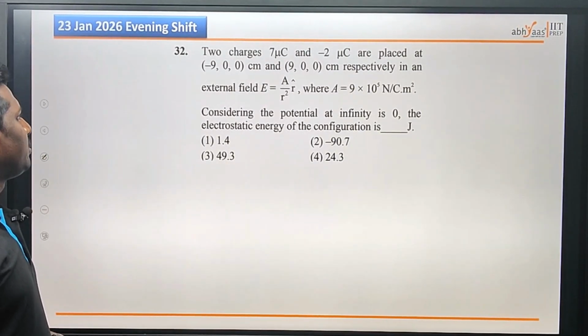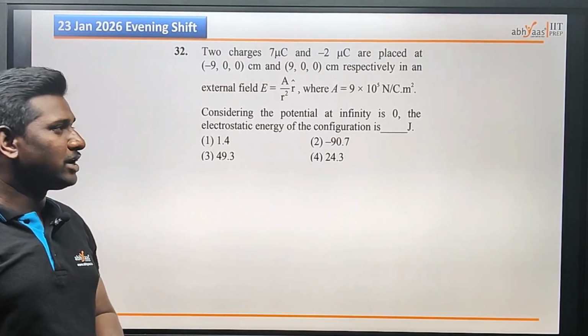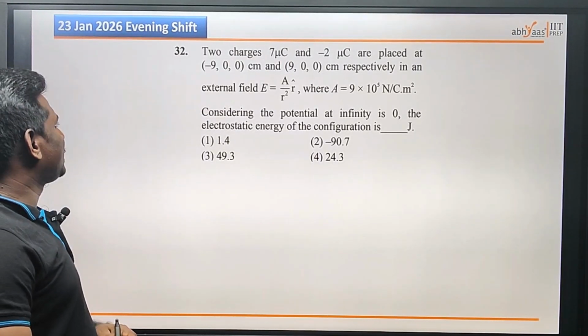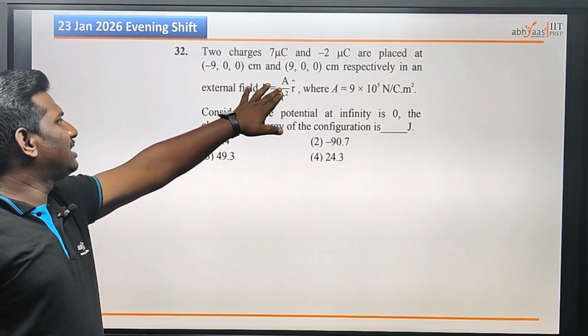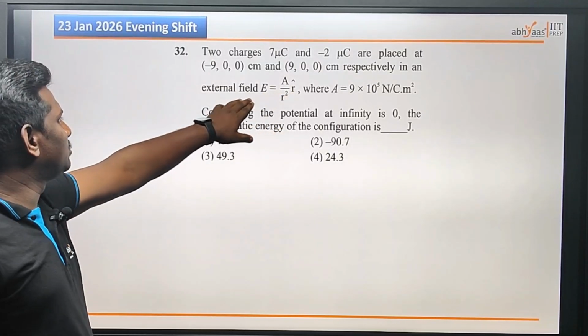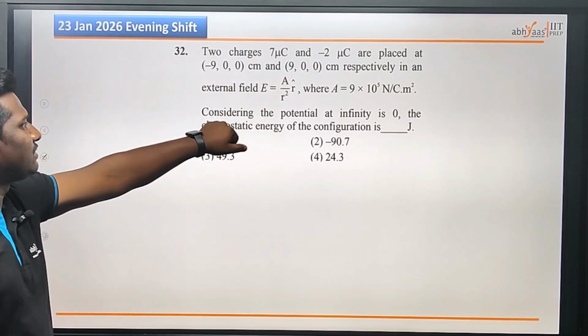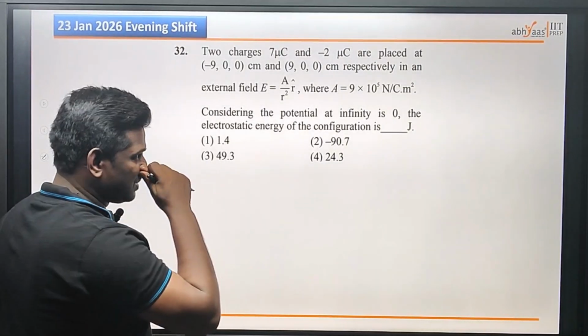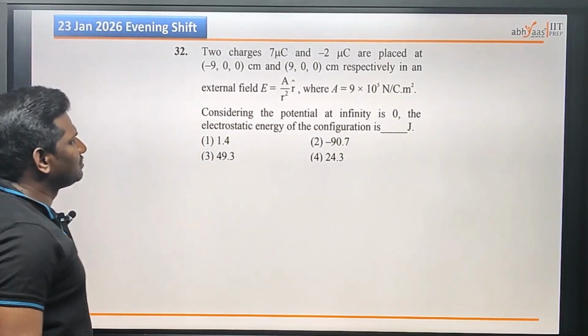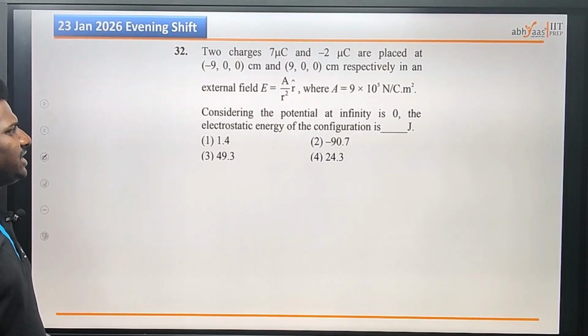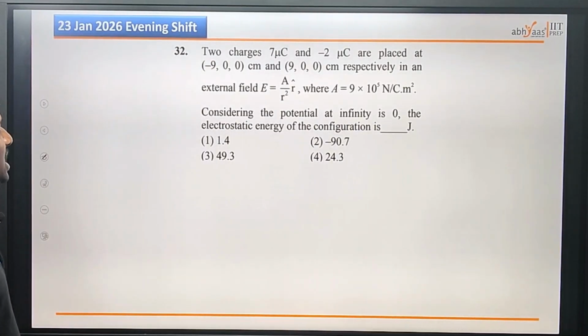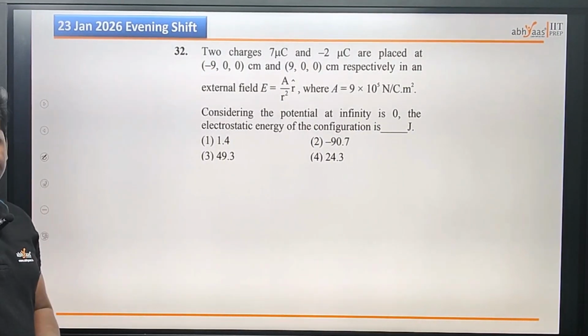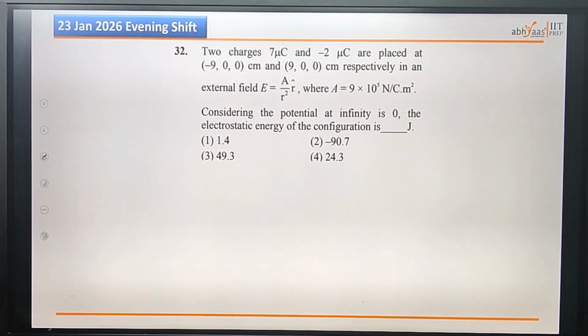32. Two charges 7 microcoulomb and minus 2 microcoulomb are placed at minus 9 and plus 9 centimeter respectively in an external electric field. They have given the electric field, A value. Consider the potential at infinity is 0. The electrostatic energy of the configuration.